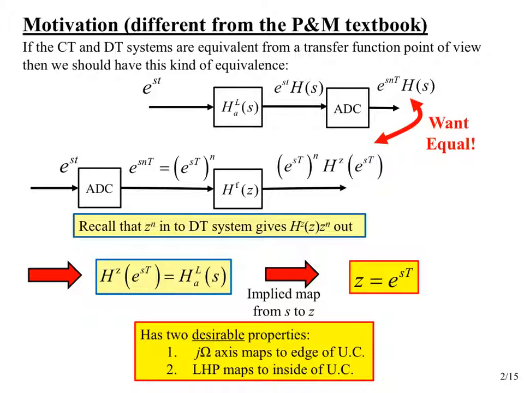Okay, so here's our motivation, and as I state, this is different than the Proakis and Manolakis textbook. So the idea is we've got some continuous time filter, and we'd like to transform that, map it into a new filter that's a discrete time filter. So suppose we have the continuous time filter here described by its transfer function, and suppose we had what we thought was an equivalent discrete time system.